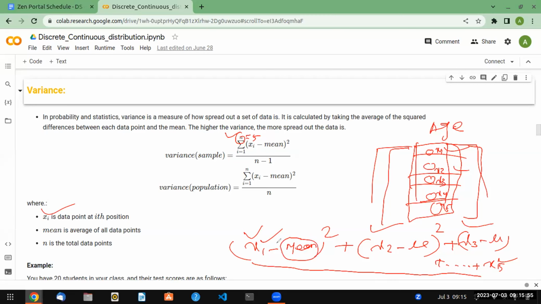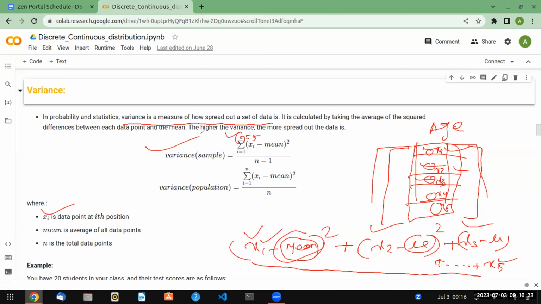That's what we are calculating here. That's why variance is a measure of how spread out a set of data is. So every point we see the difference and calculate. So this is called variance.